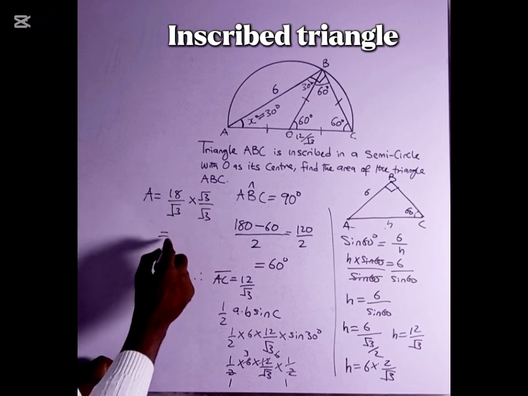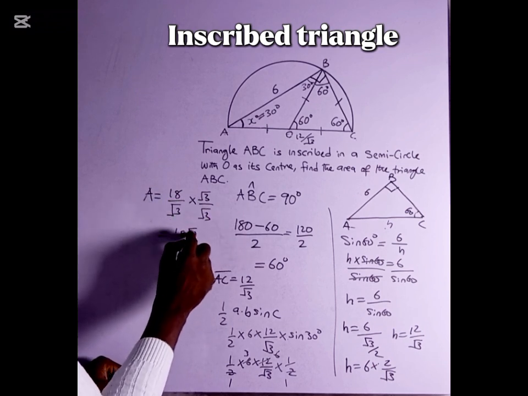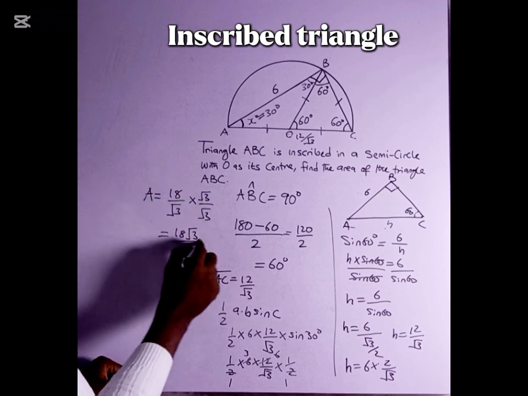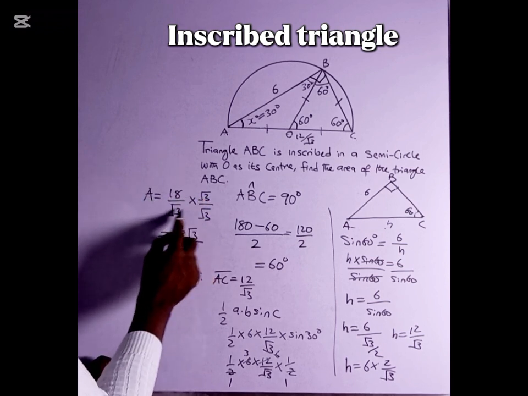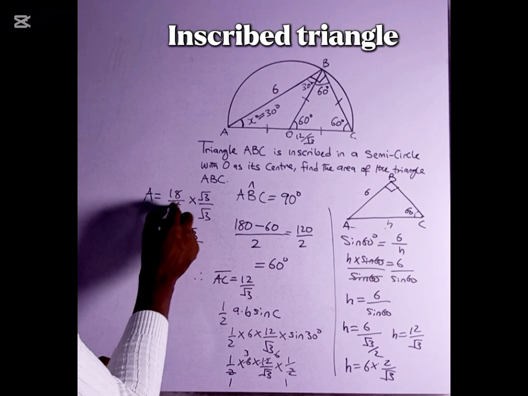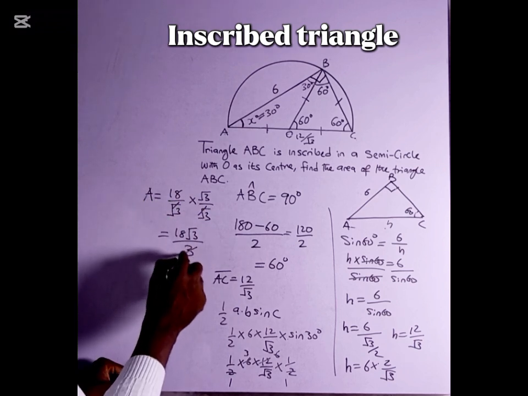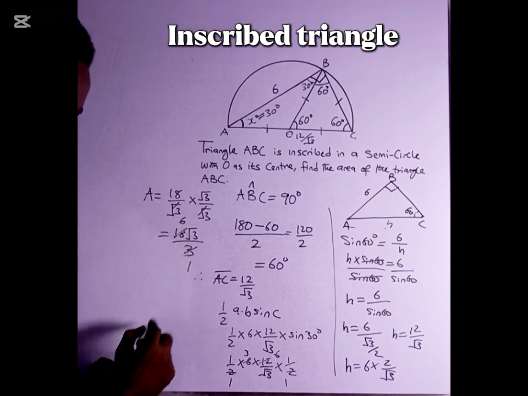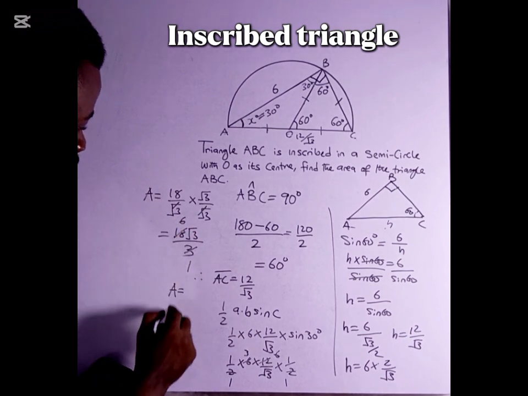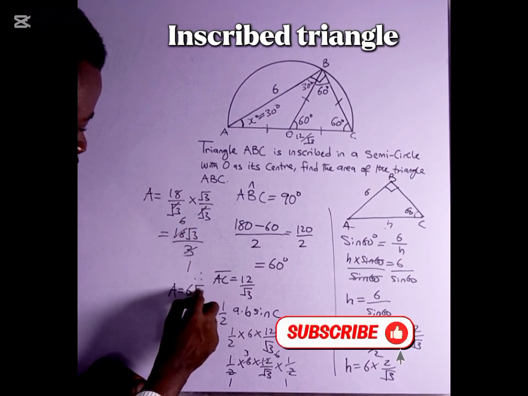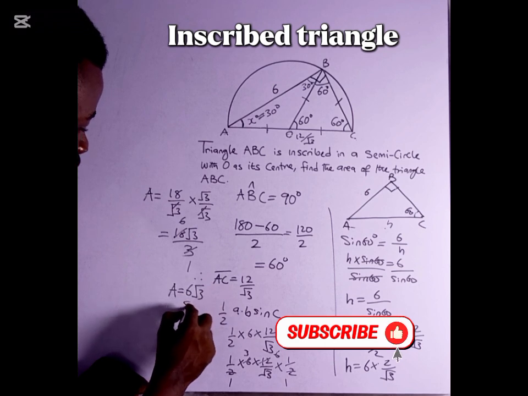So my area becomes what? 18 root 3, that's 18 times root 3 all over 3. Now if two equal surds are multiplying each other, what will happen? The square root sign will cancel out. We have 3. So 3 can go here 1, 3 can go here what? 6. So my area becomes 6 root 3. You can put it as what? Square units.